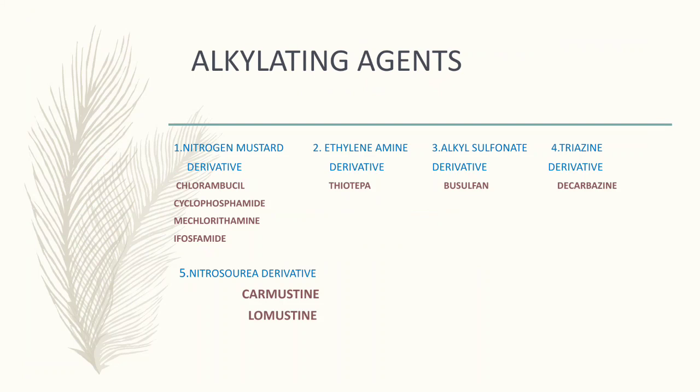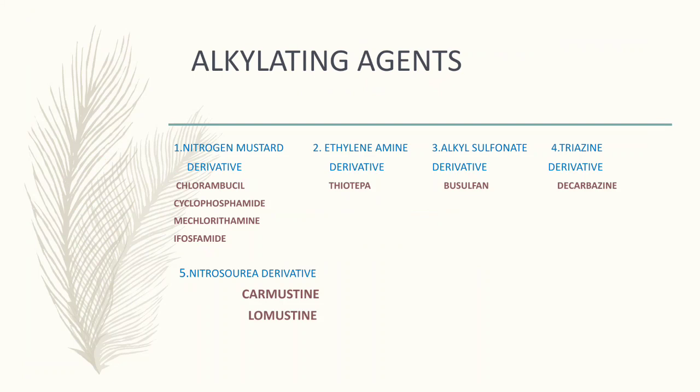Here you can remember this drug classification as NEAT. N repeats 2 times: N, E, A, T, N. These are the first letters of the words.